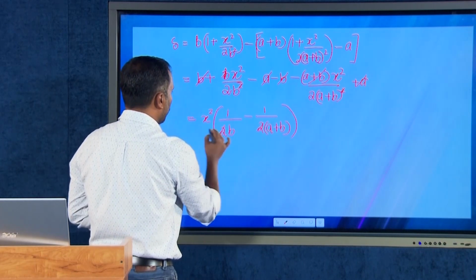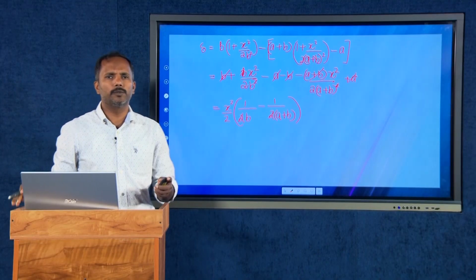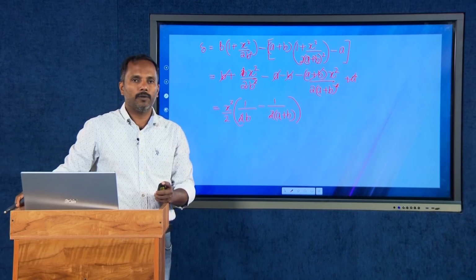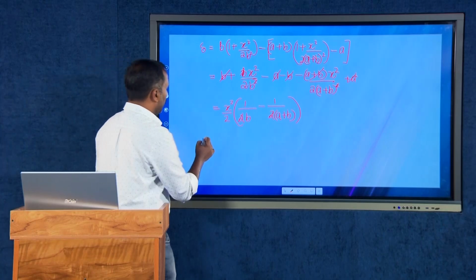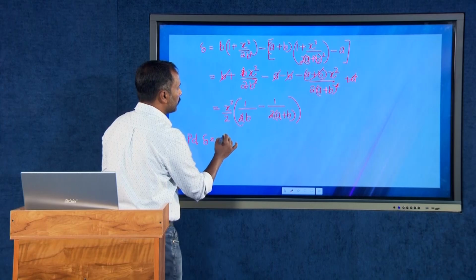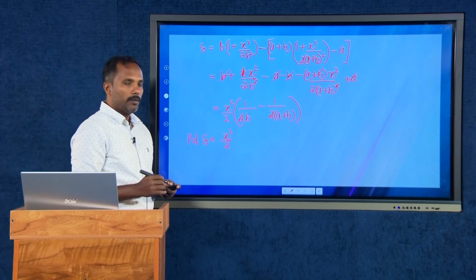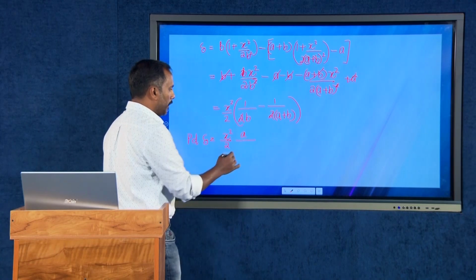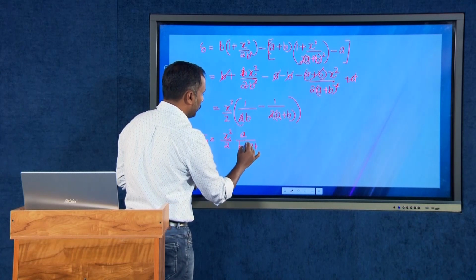Now it is simple to take the LCM, and you can easily get the path difference delta equal to X square by 2 into A divided by B into A plus B.